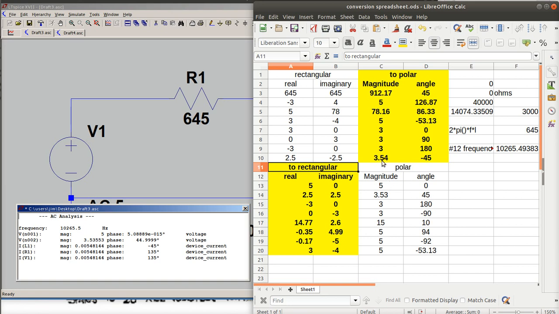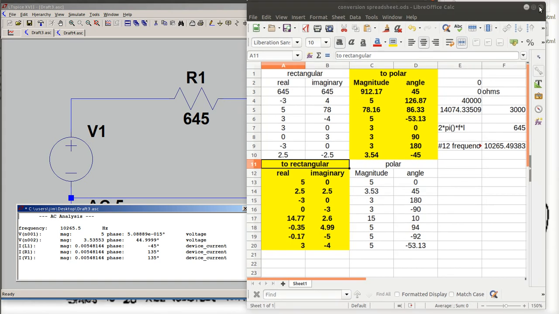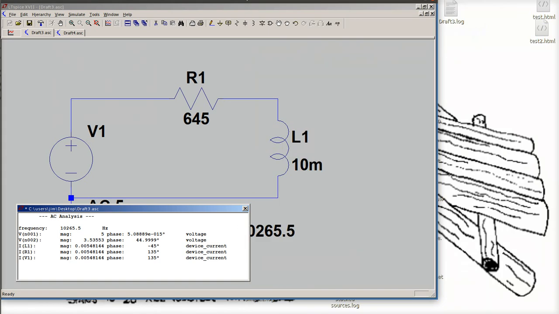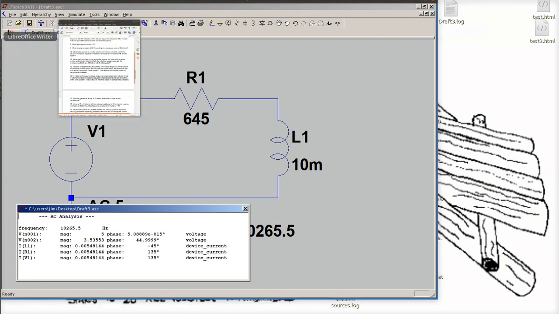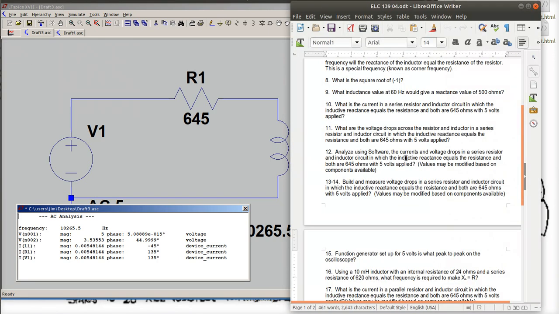Which tells me that my voltage drop across the resistor is equal to 3.54. My voltage drop across my inductor is 3.54. So they're both the same. And at this special frequency that we talked about, where they're the same, you will wind up with equal voltage drops across there.